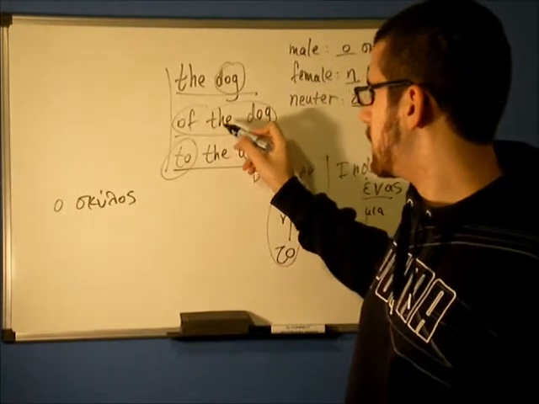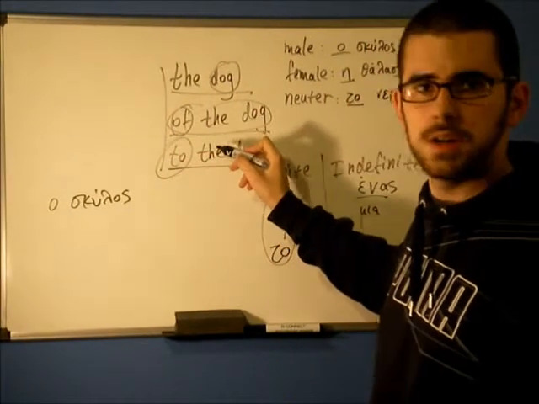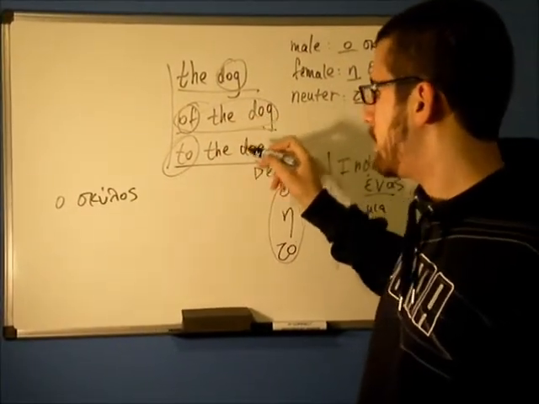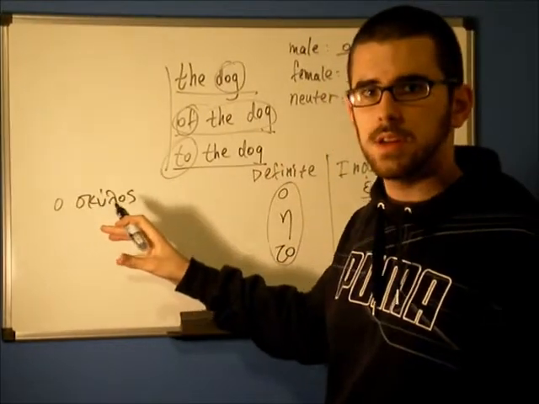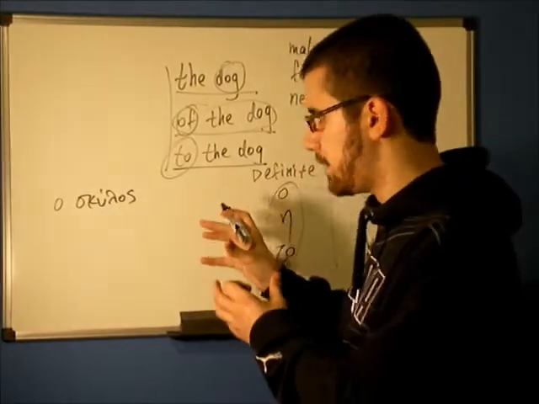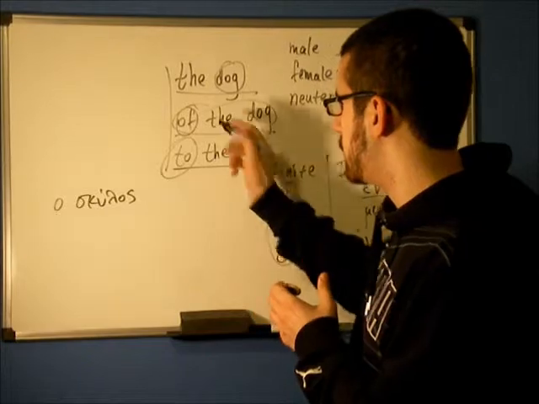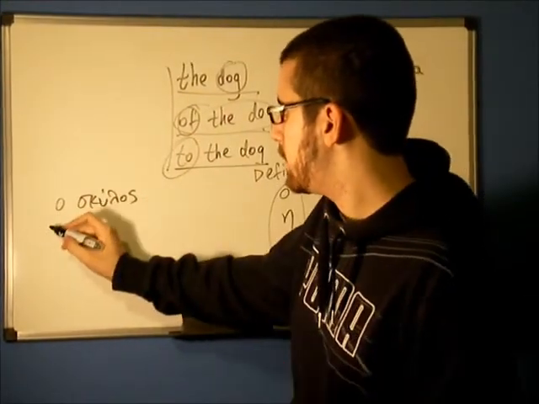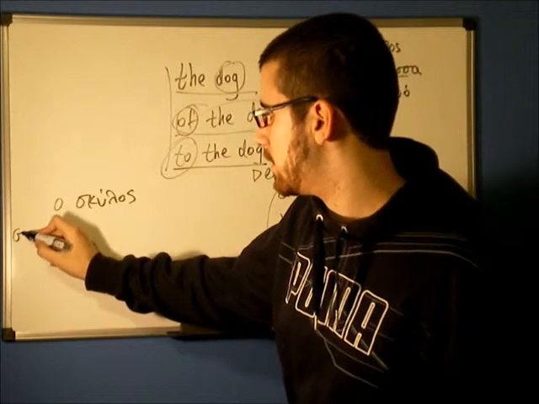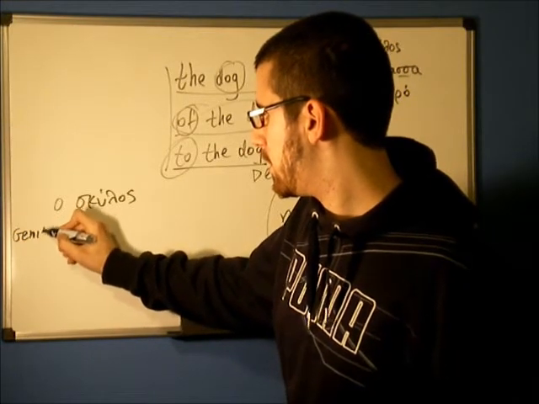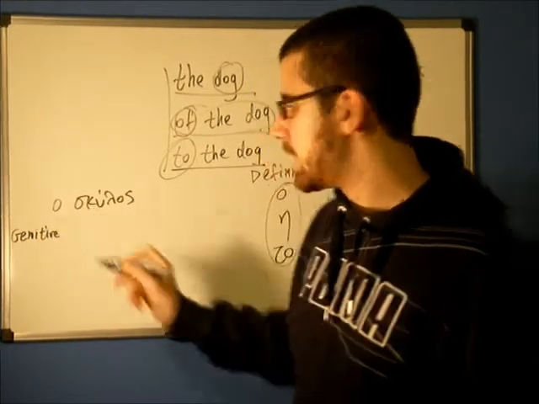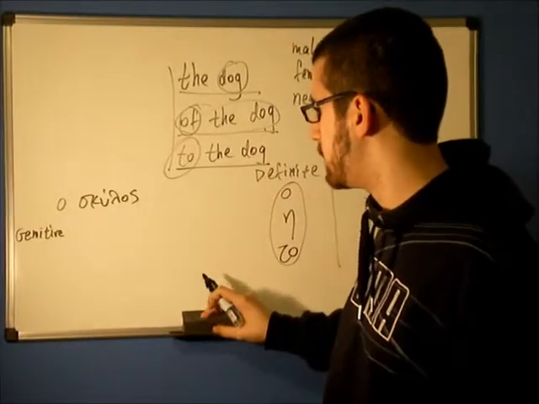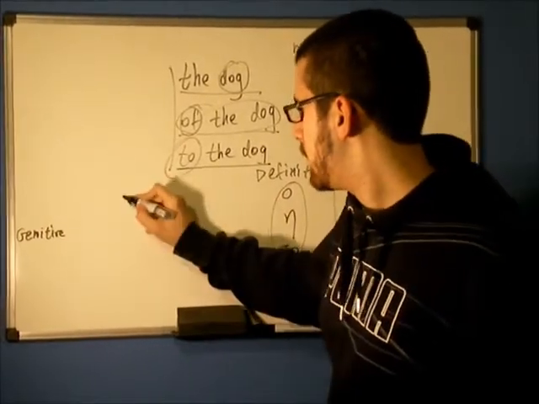Instead of saying of the dog, instead of just adding of to the actual word, I have to change the word. And by its form, I will understand that I'm talking about this of. It's integrated, it's embedded. This is called in English a genitive case. These are grammatical cases. You can look them up on Wikipedia or something.